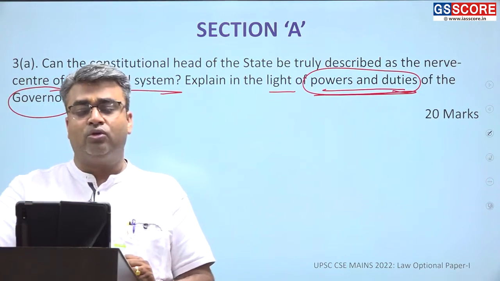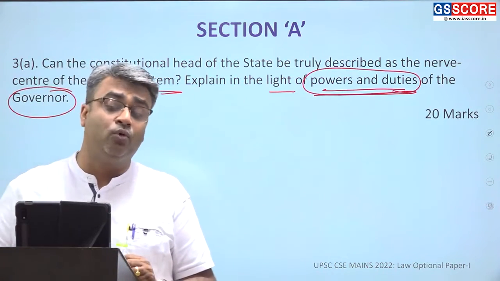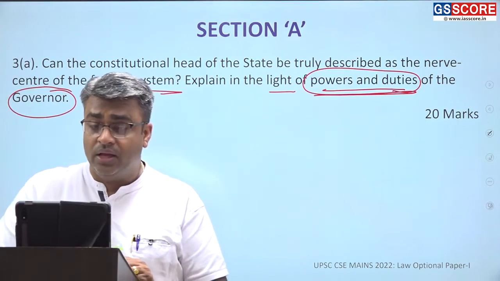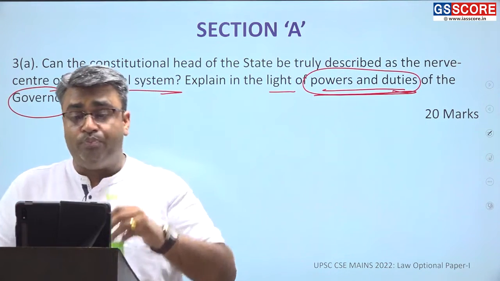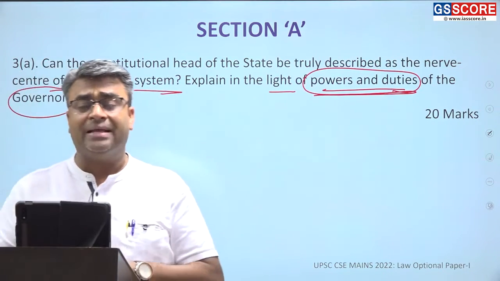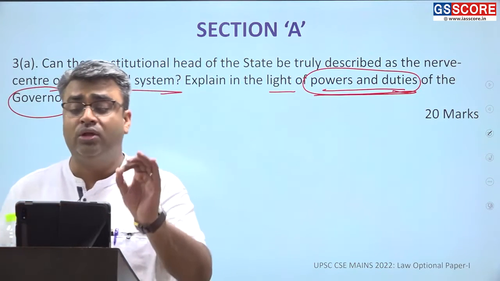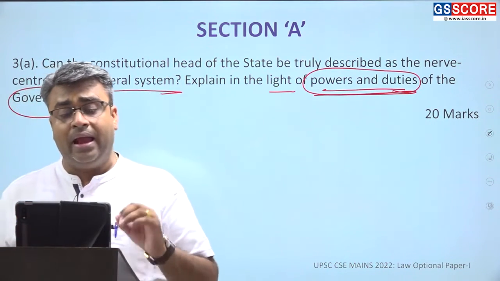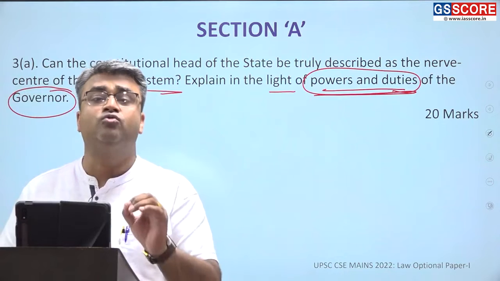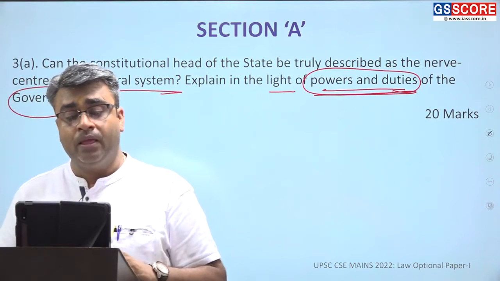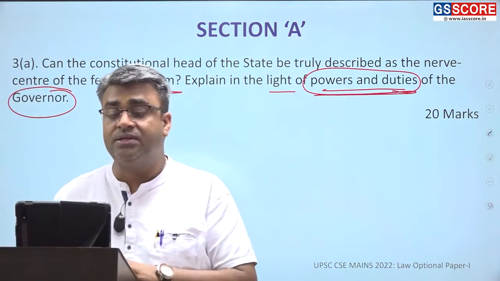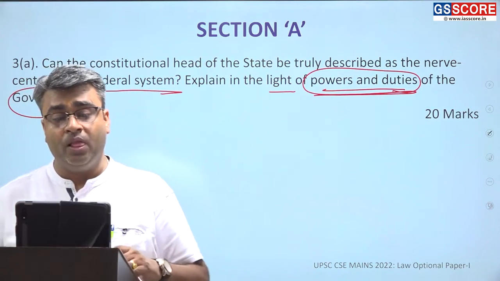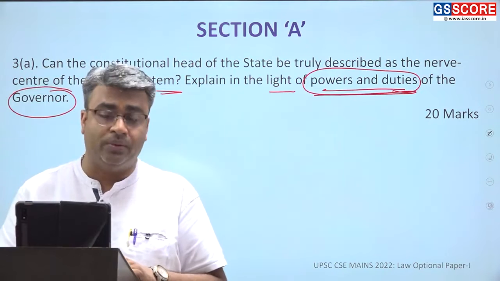And a few cases you can also mention, like Ram Jawaya Kapur versus State of Punjab, whereby the Supreme Court held that the president and the governors are the constitutional heads, and the real executive power is with the Council of Ministers. Similarly, you can mention the Shamsher Singh versus State of Punjab case, 1974, whereby once again the same thing was held by the Supreme Court.